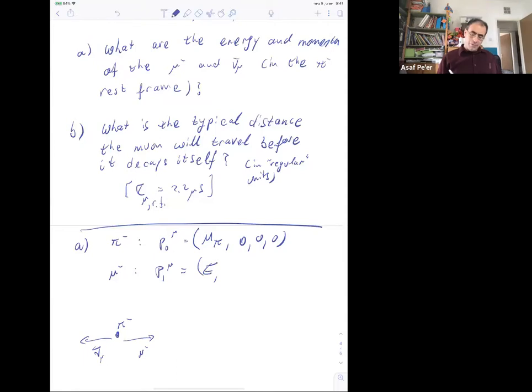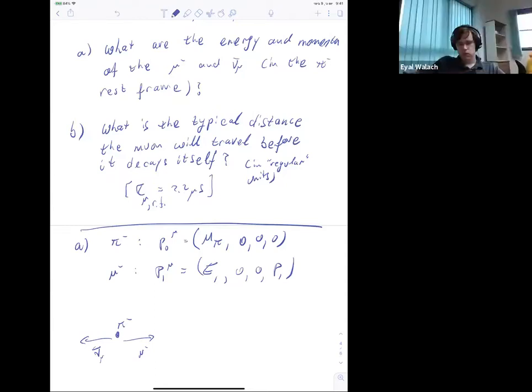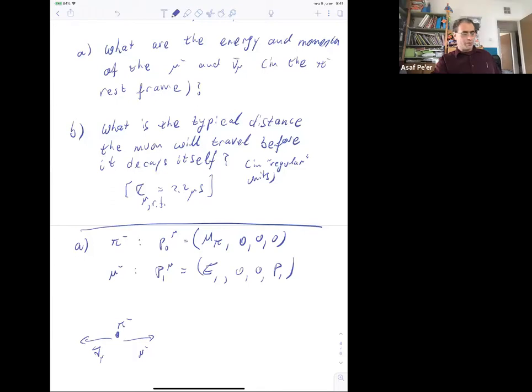Let's say E1, 0, 0, P1. What's the relation between E1 and P1? It's an open question for everybody.